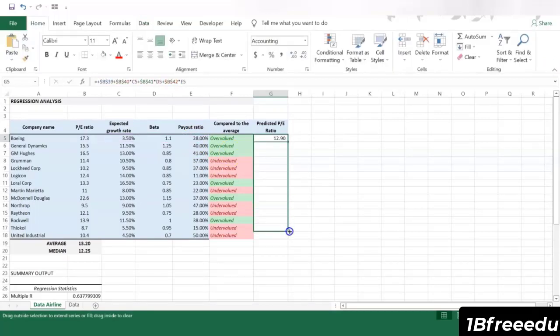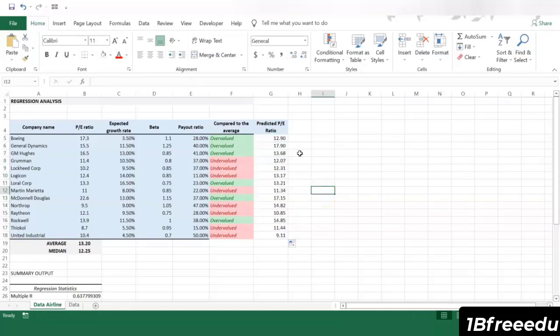And you can copy the formula for all the companies. We have our predicted PE ratio.